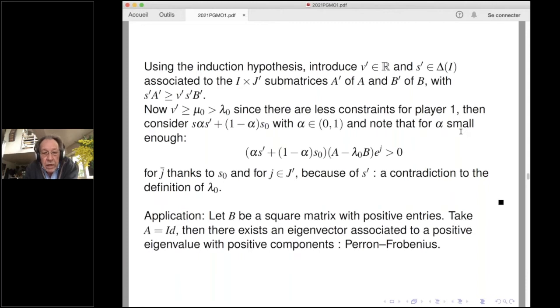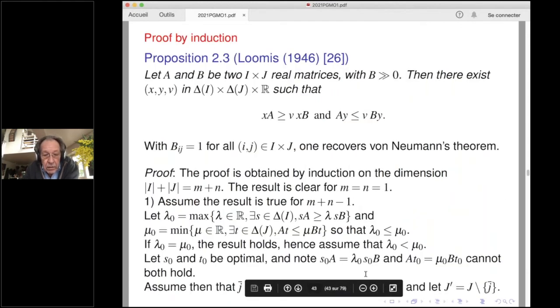And the claim is that for alpha small enough, this strategy applied to A minus lambda 0 B is strictly positive for every J. Why is this true? For J bar, it's true. Why? Because, remember in the previous slide, here you have a strict inequality.